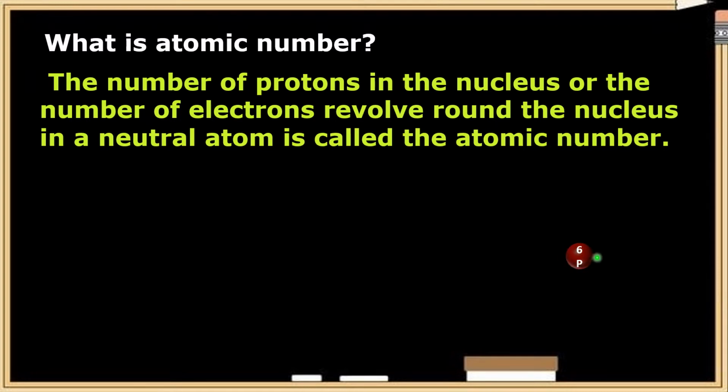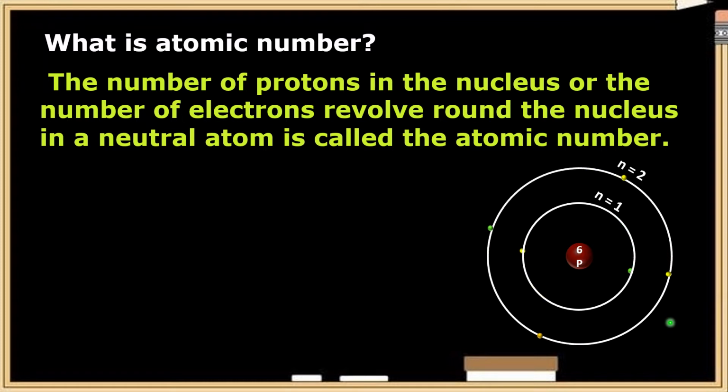So the nucleus of this atom has 6 protons and 6 electrons revolve around the nucleus in different orbits. See here. In the first orbit, 2 electrons are revolving, and in the second orbit 4 electrons are revolving. So the number of protons is equal to the number of electrons revolving around the nucleus in case of a neutral atom. So the atomic number of this atom is 6.